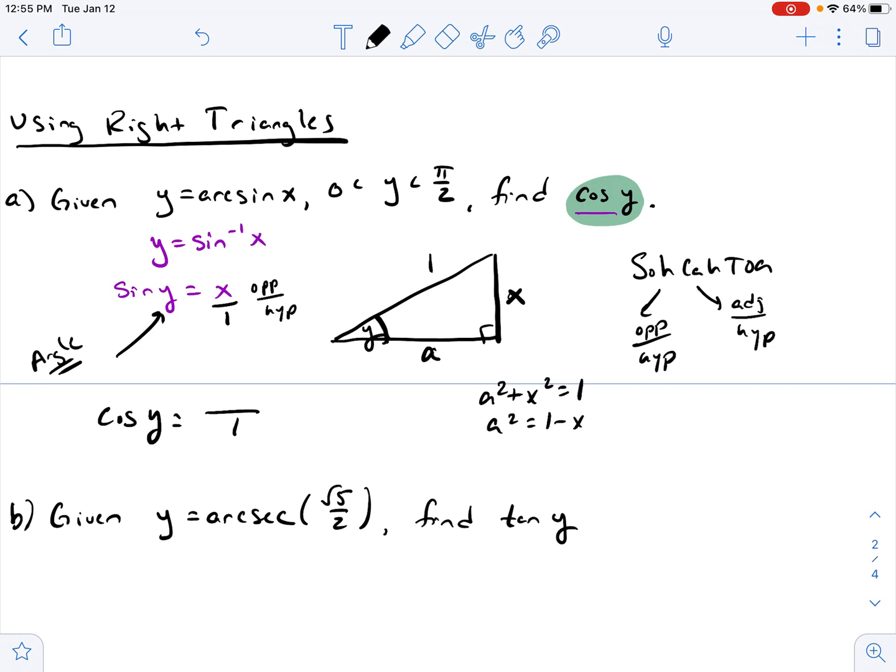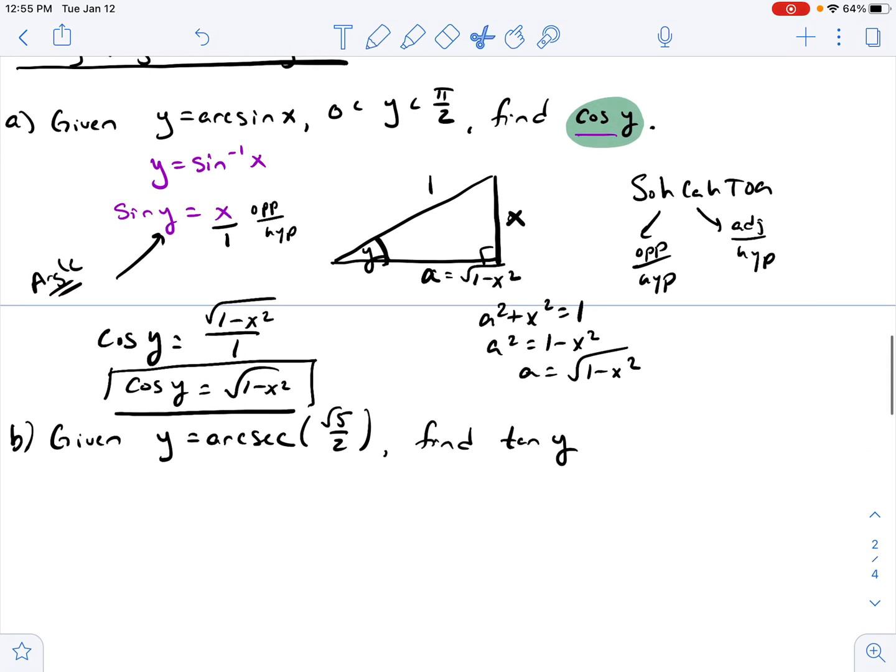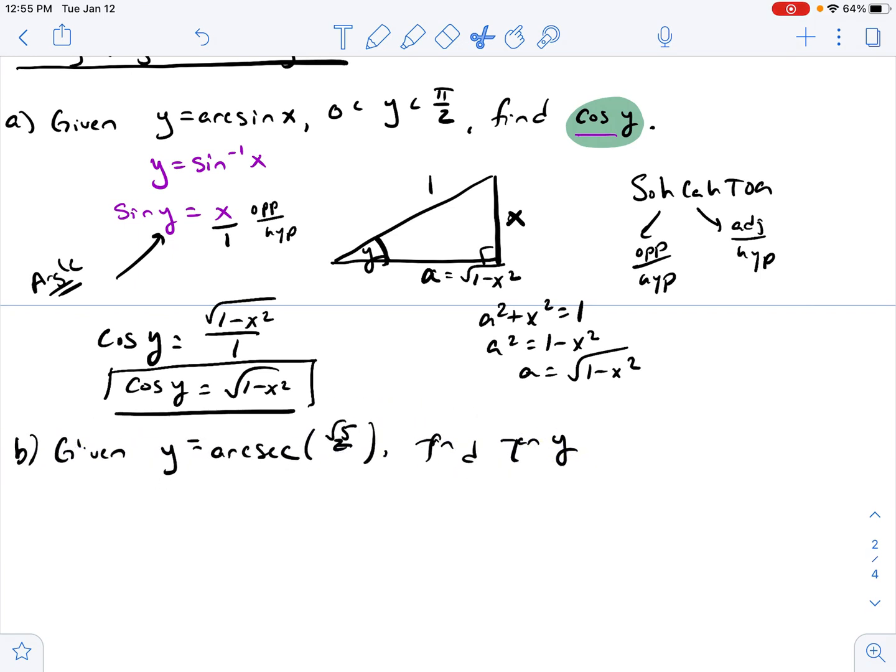So a squared is 1 minus x squared, so a is the square root of 1 minus x squared. That's how I would represent the adjacent side in terms of x. So the cosine of y is just the square root of 1 minus x squared, when I simplify. Let me move this down a little bit and we'll try another one similar.